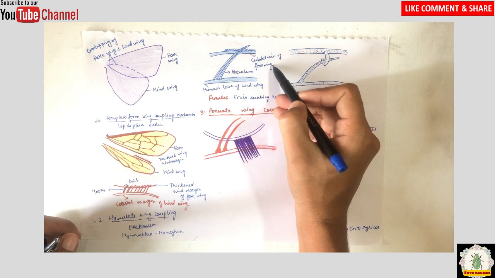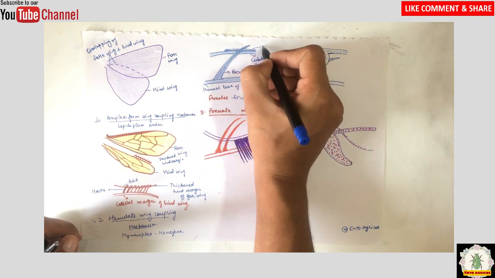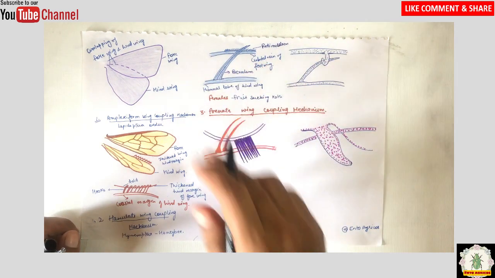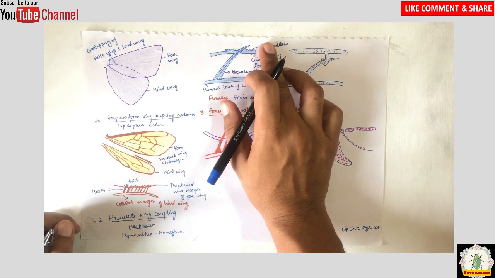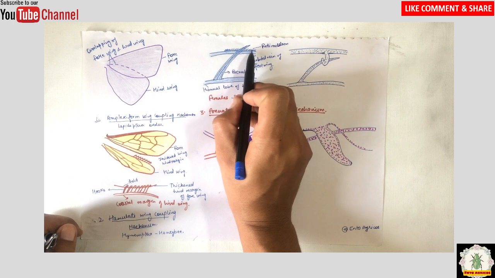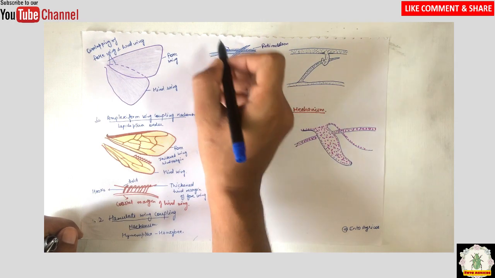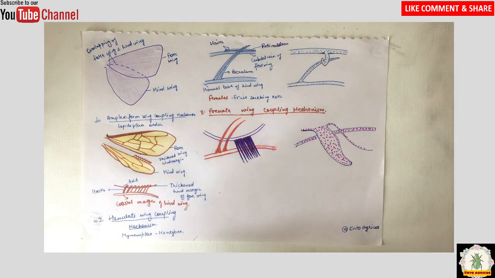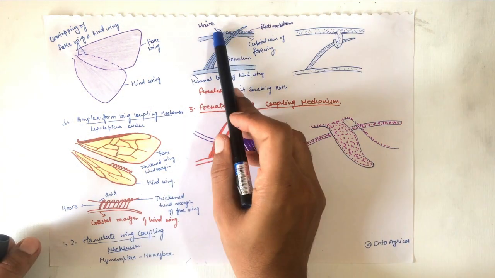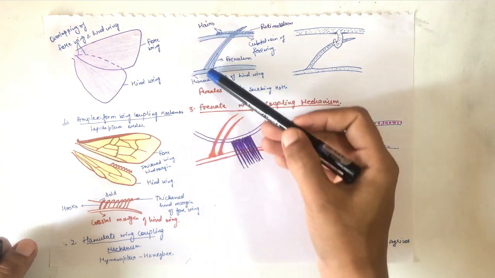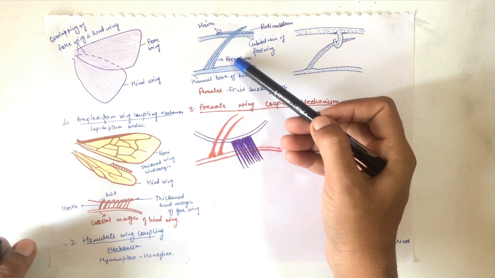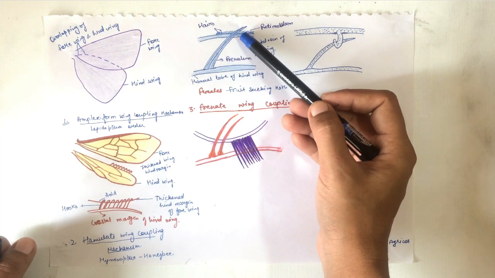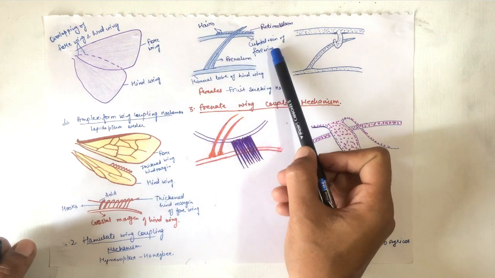Whereas the cubital vein of the forewing consists of this retinaculum, and this retinaculum is provided with several hairs. These are the hairs. So this long bristle, the frenulum, interlocks with the retinaculum, which is provided with hairs on the underside of the cubital vein of the forewing.